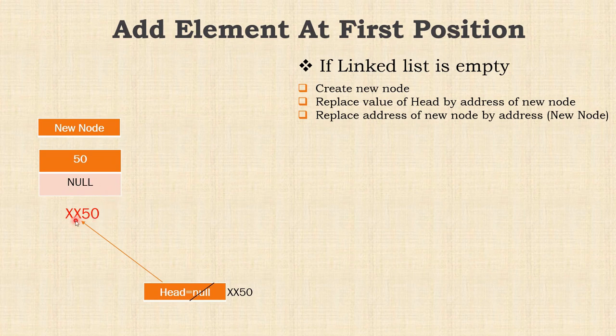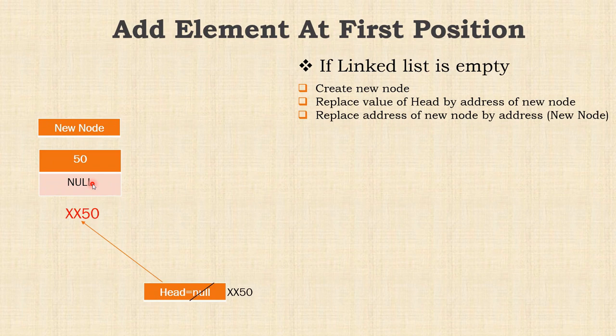So the first node will be also this, and the last node will be also the same node, so it should contain the address of itself. Instead of null it should contain the address of itself, which is xx50, that we have to provide.